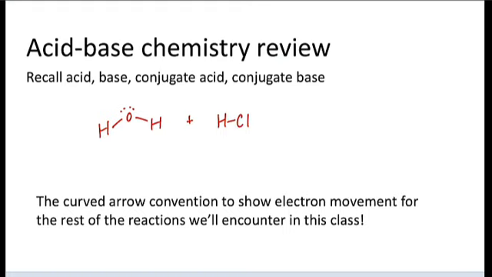Let's use HCl as our strong acid, and this is a reversible equilibrium reaction, so I'm using equilibrium arrows here. We can predict the product. We can also label the acid, base, conjugate acid, and conjugate base. Clearly HCl is the acid reactant, therefore the water is the base.